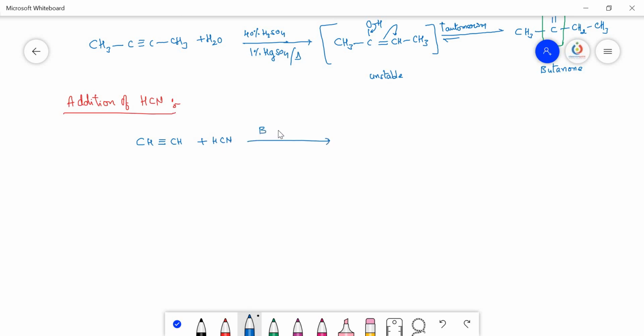This process takes place in the presence of barium cyanide. So hydrogen on one side, cyanide on the other side. So we'll get CH2 double bond CHCN. We all know that this particular group is called vinyl, and here cyanide is there. So it is called vinyl cyanide.